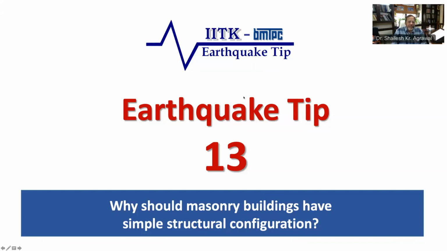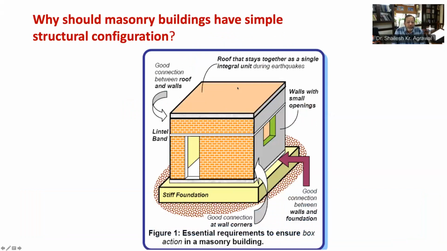This earthquake tip number 13 will explain why masonry buildings should have simple structural configuration. Remember, in the previous tip, it was deliberated that to improve seismic behavior of masonry buildings, the integral box action is to be ensured to transfer large horizontal forces between roof, walls, and foundation without major damage or collapse.